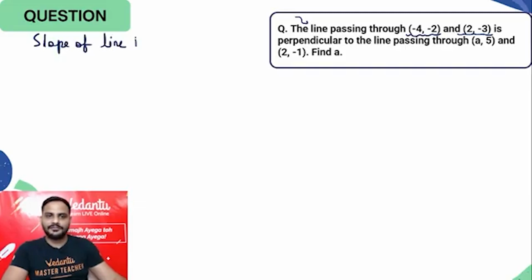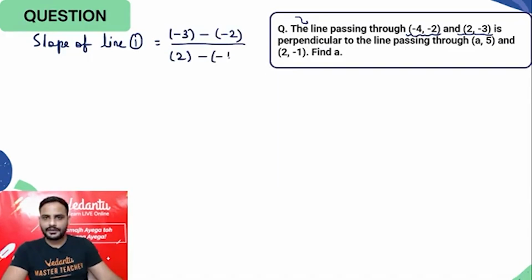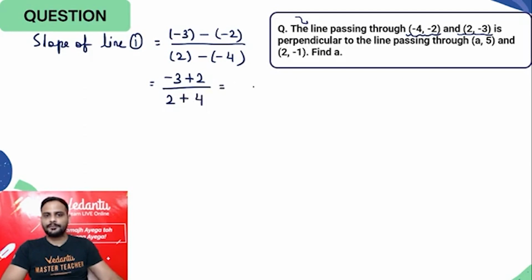Slope of line 1 will be, with x1, y1, x2, y2, y2 minus y1 upon x2 minus x1. So minus 3, negative into negative is positive, plus 2, upon 2, negative into negative is positive, plus 4. So it will be minus 1 by 6. This is the slope of line 1.